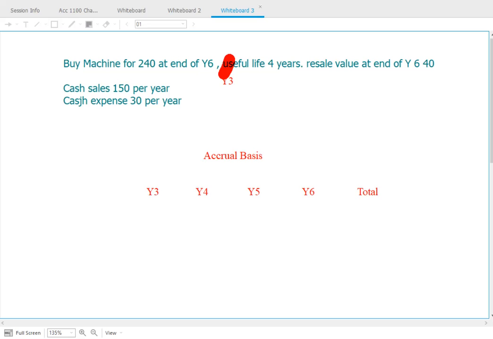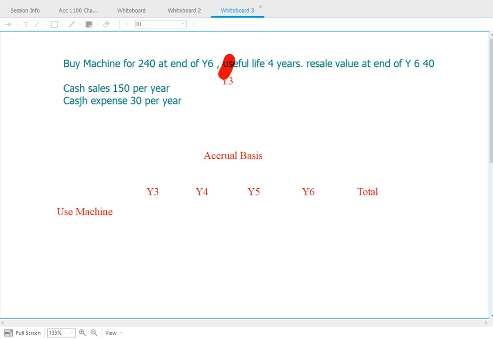So actually, I've been using the machine at the end of each year. Because I use the machine, I'm going to record an expense. If you're talking about a long-term asset, and when you use the long-term asset, the expense related to the long-term asset is called depreciation expense.